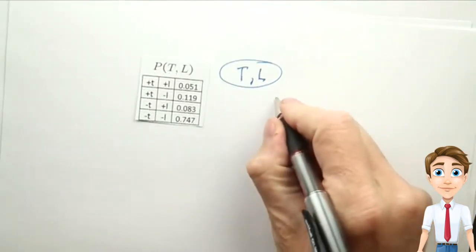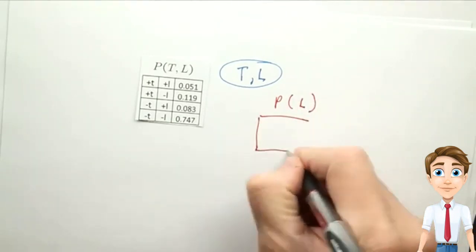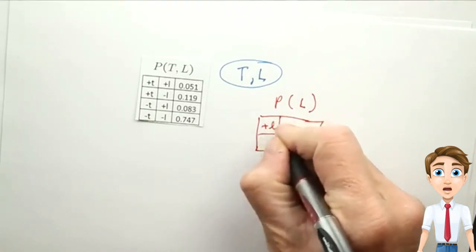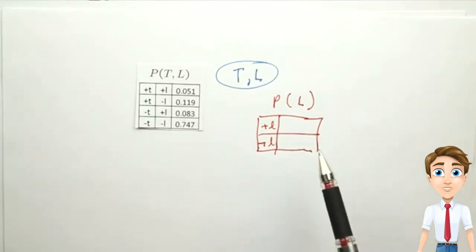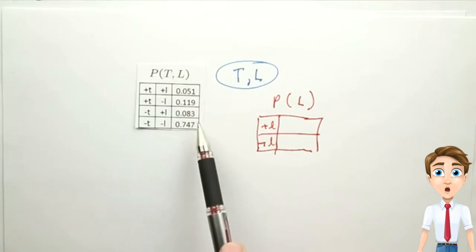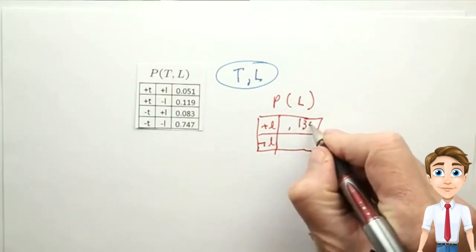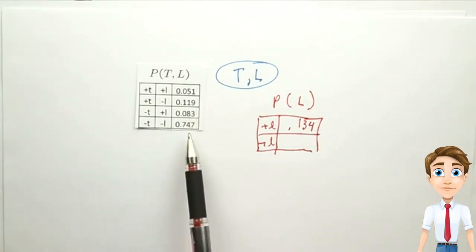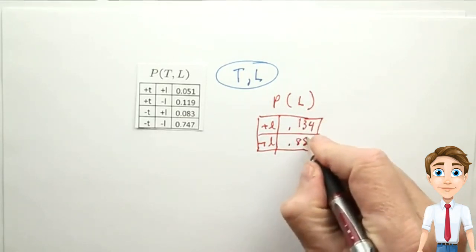So the question is to compute P of L for both values of L, positive L and negative L. The answer is that the positive L values, 0.051 plus 0.083 equals 0.134, and the negative values, 0.119 plus 0.747 equals 0.886.